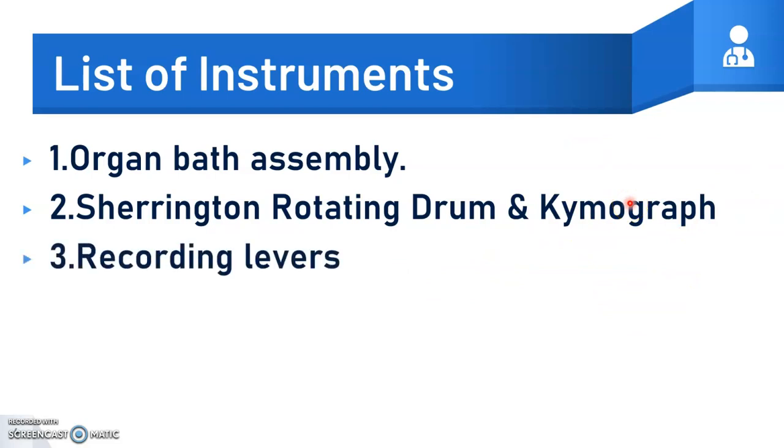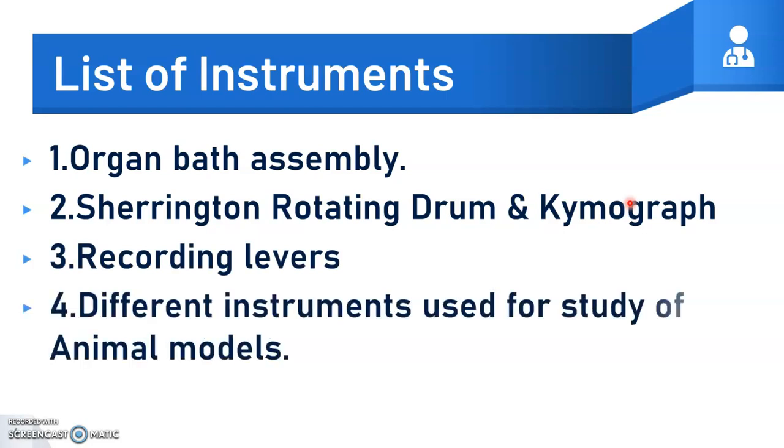Number 3 is recording levers. Number 4 is different instruments used for studying animal models. So these are the 4 different instruments, equipments, or apparatus used for pharmacology.